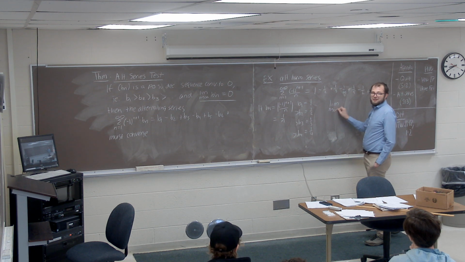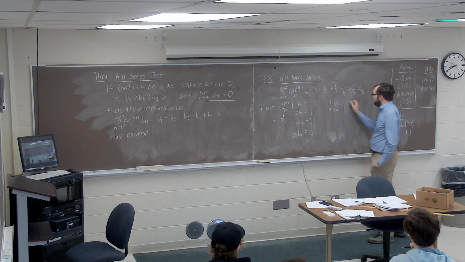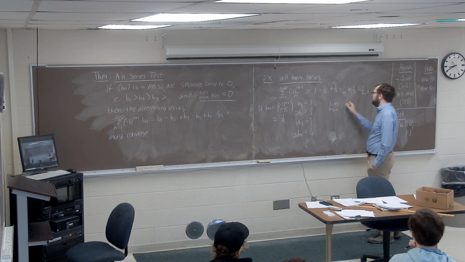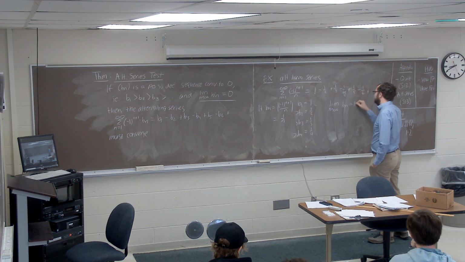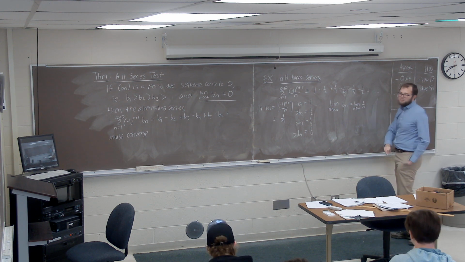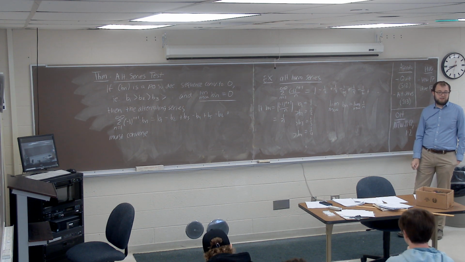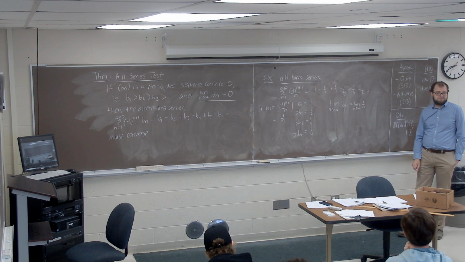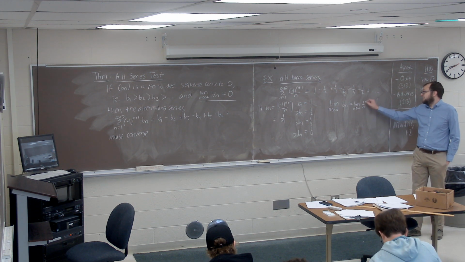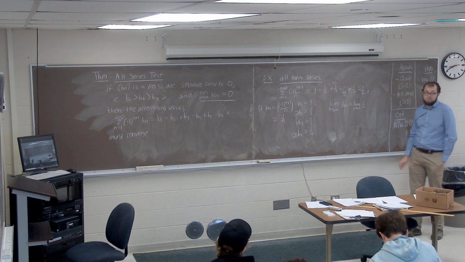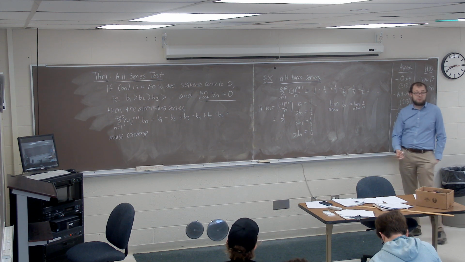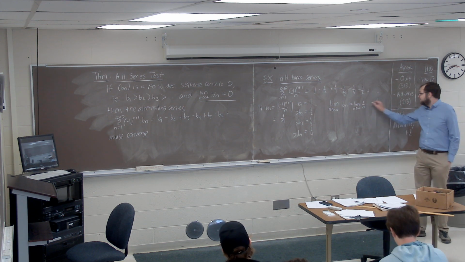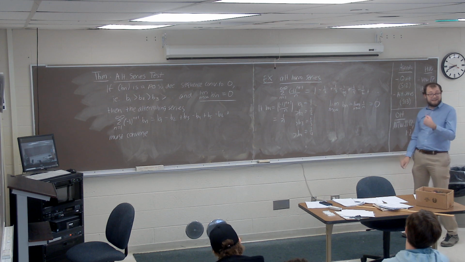All right, follow-up question then, Katie. If we were to take a limit as n goes to infinity of these b sub n's, meaning the limit as n goes to infinity of 1 over n, what would we expect to get? Meaning as n gets bigger and bigger, what's going to happen to 1 over n? What's it going to get closer and closer to? 0. Yeah, exactly.